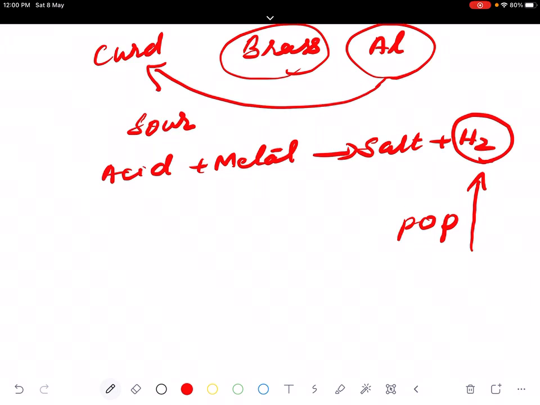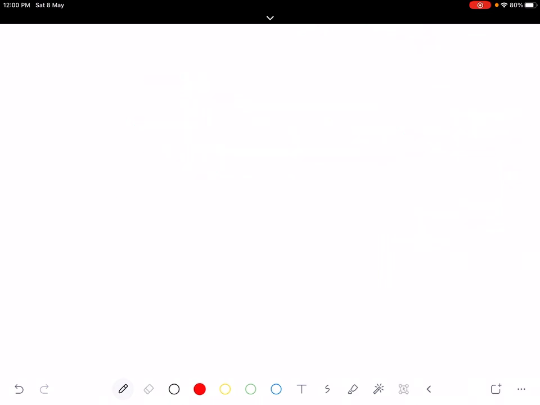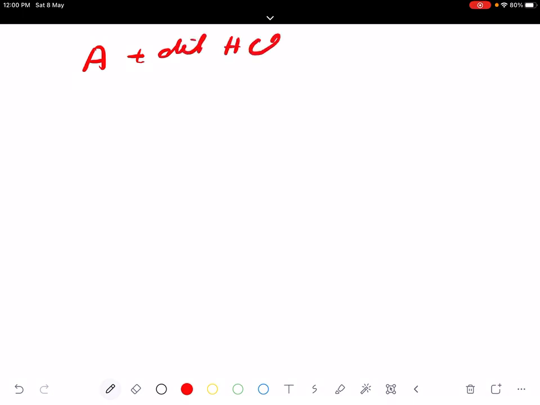Next question. This question I am reading from page number 22. Page number 22, there is a box in which questions are given. One metal compound A reacts with dilute hydrochloric acid to produce effervescence, means brisk effervescence.